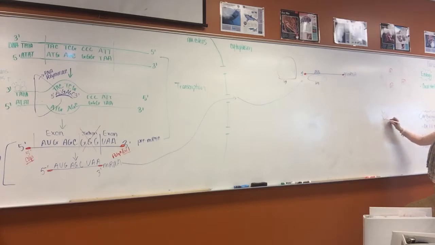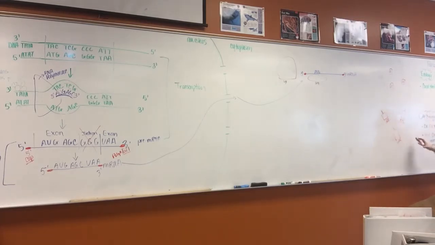Our cells make a bunch of tRNA. What makes one different from another is the anticodon that it has. We have a bunch of different tRNAs with a bunch of different anticodons on them, like this, and so on and so forth.